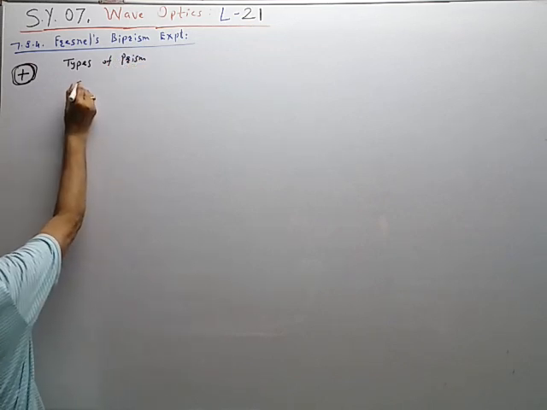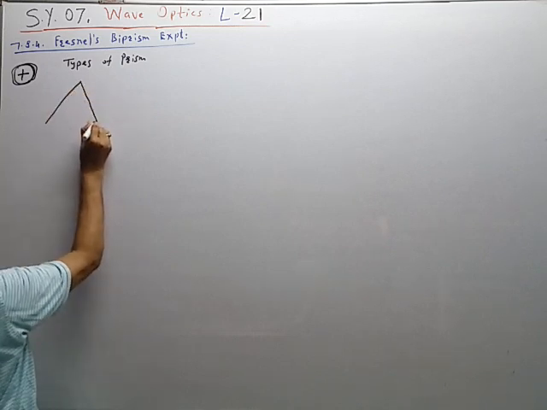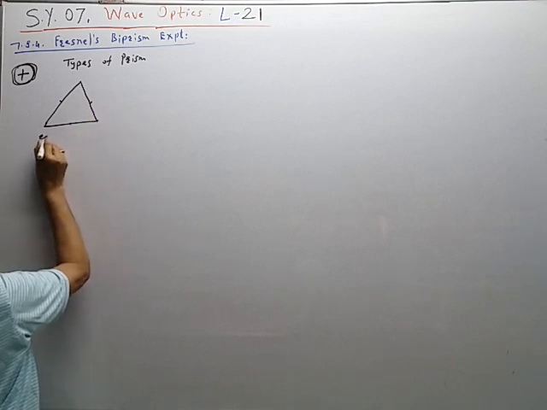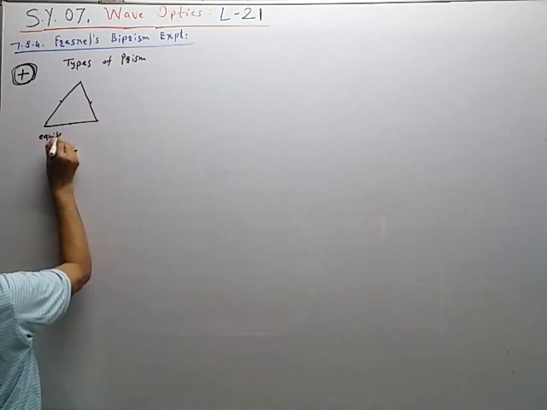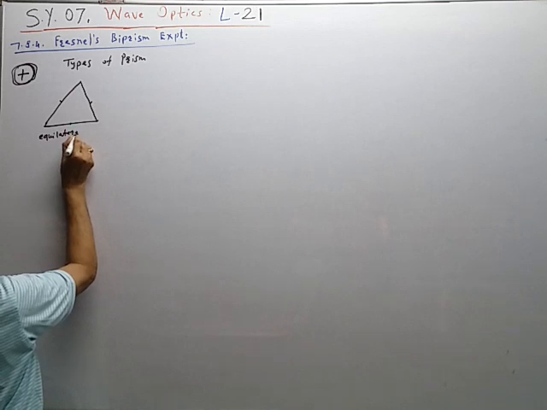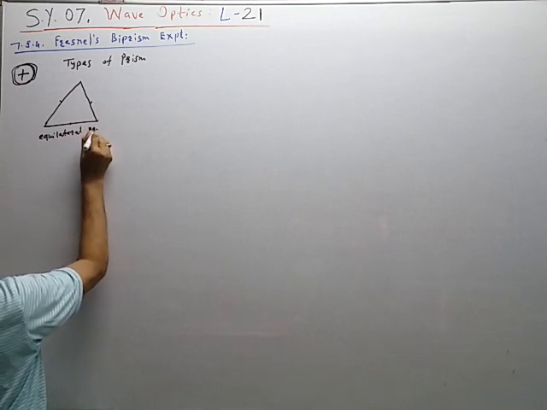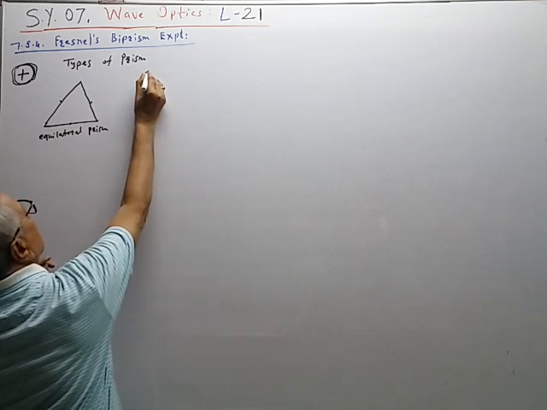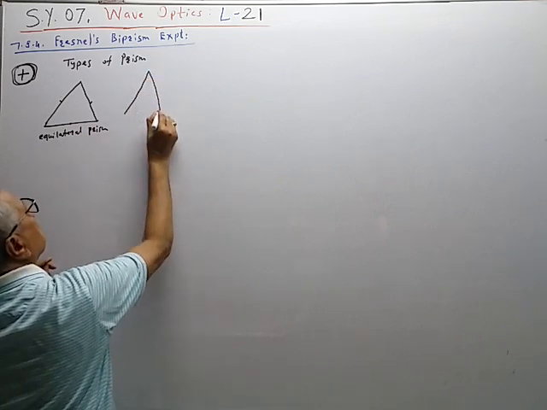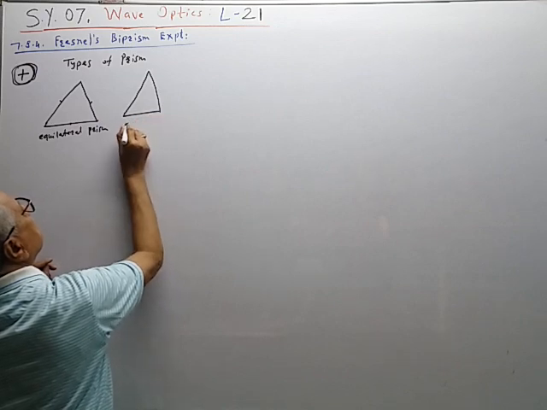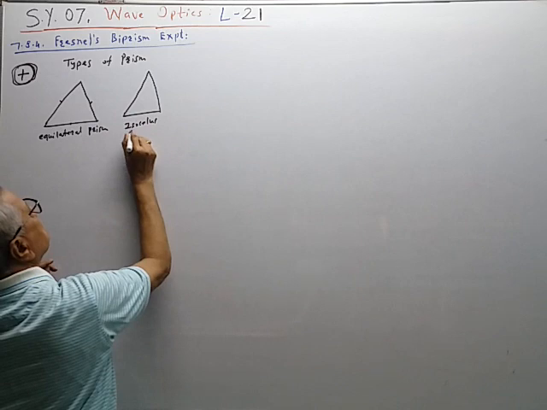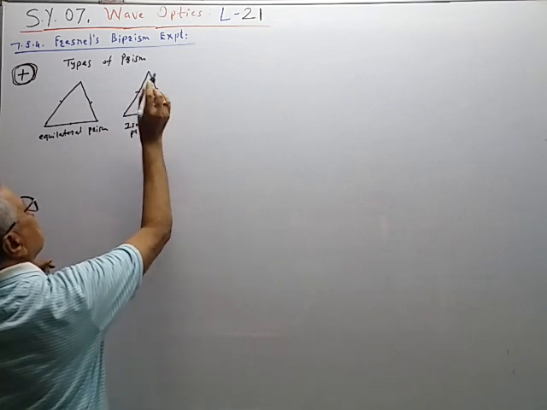Types of prism. If the three sides are equal, then it is called an equilateral prism. Equilateral triangle, equilateral prism. If two sides are equal, this is an isosceles prism. These two sides are equal.